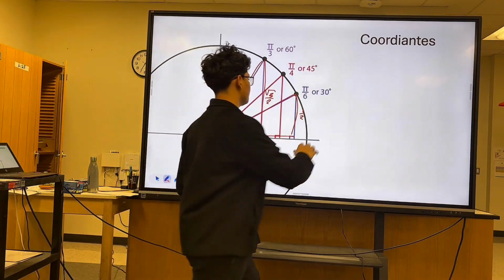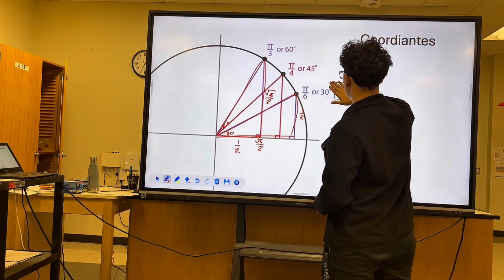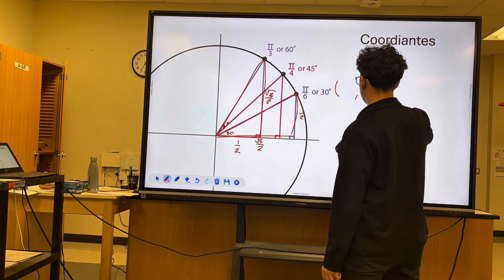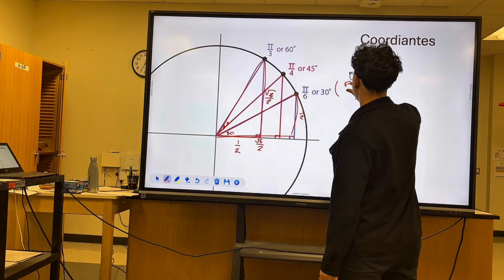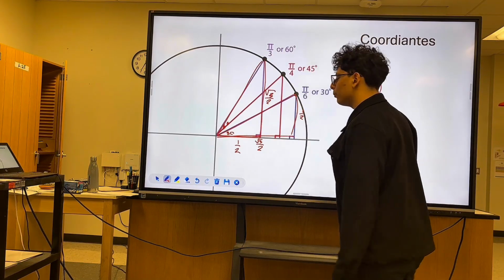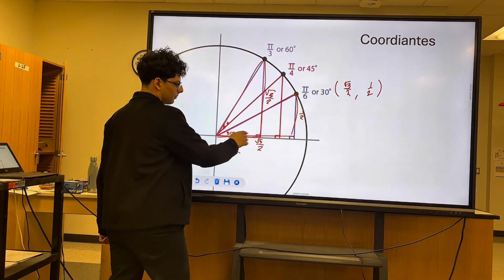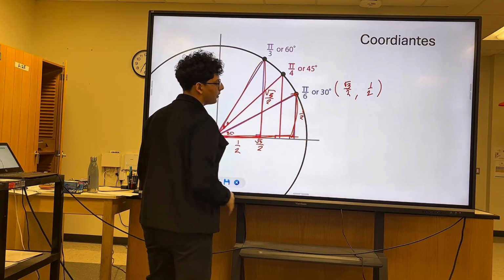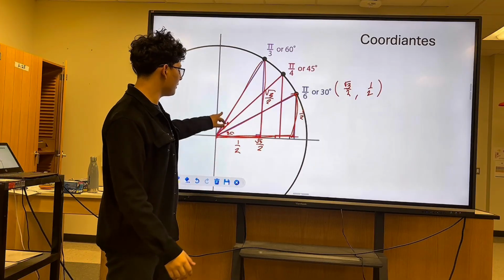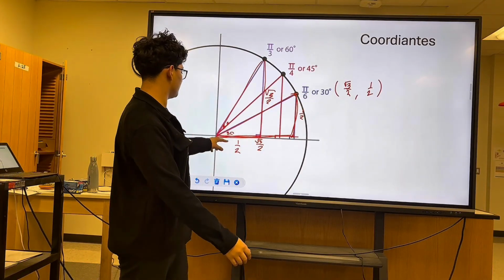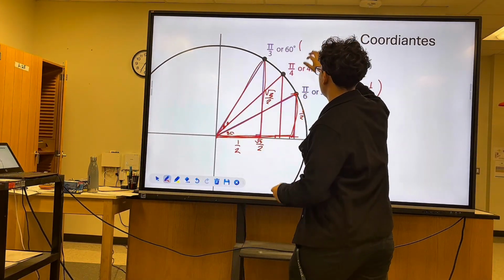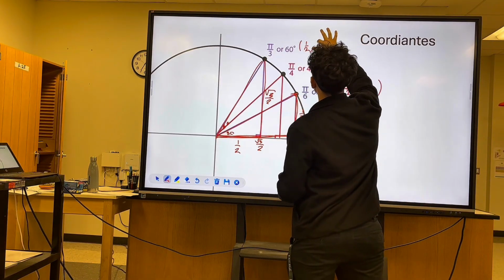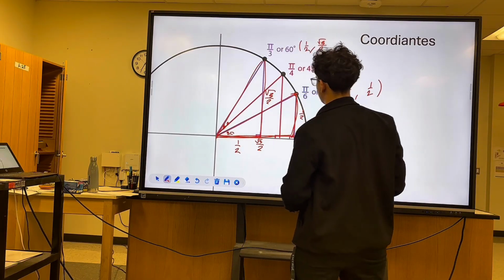So what that means is that for 30 degrees, the y value would be 1/2. The x value would be root of 3 divided by 2. As you can see here, this being the side of the x, and this being the length, the y. Again, since it's the inverse, it's actually the same triangle, so we can find the value for the x, 1/2, and the y value, square root of 3 divided by 2.